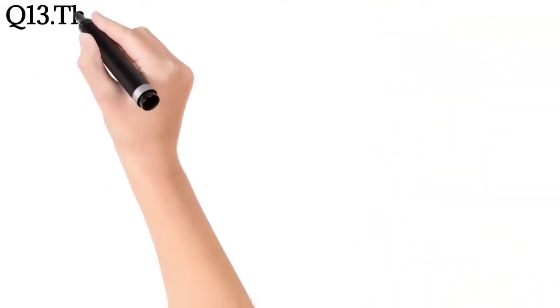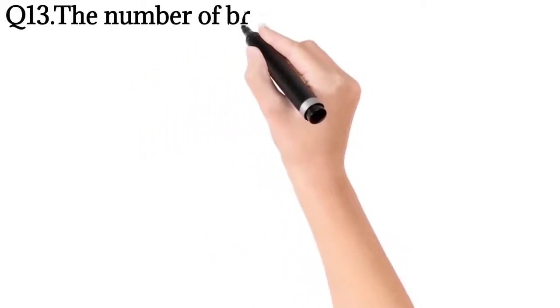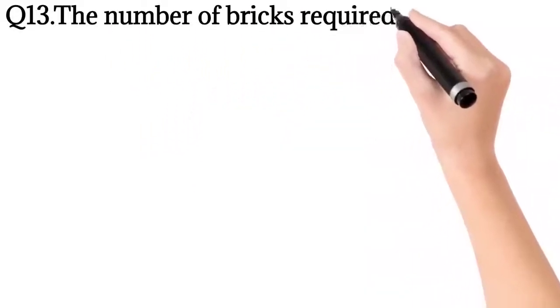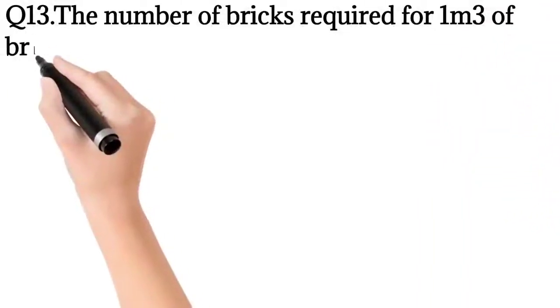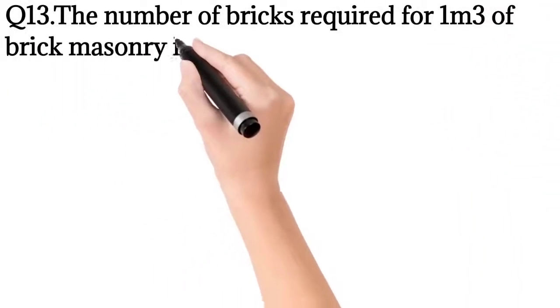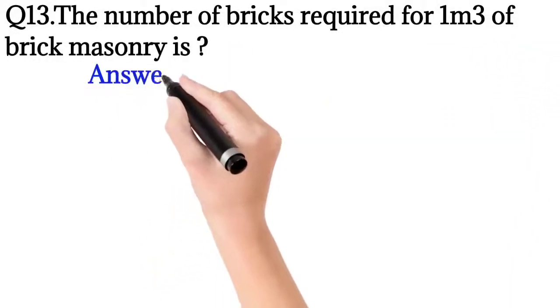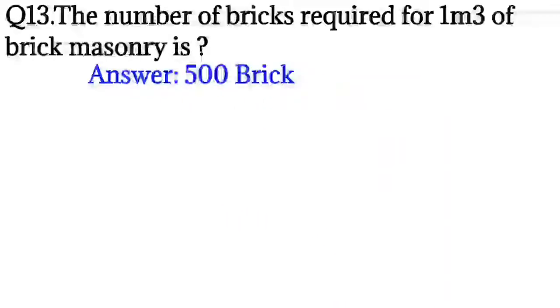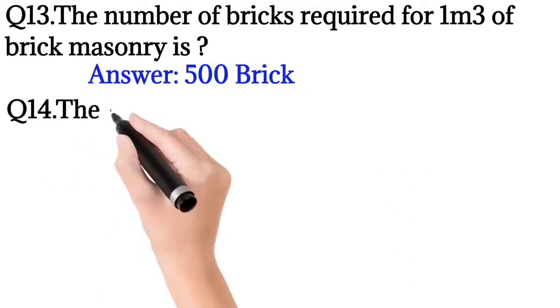Question number 13. The number of bricks required for 1 meter cube of brick masonry is, so the answer is 500 bricks required for 1 meter cube.